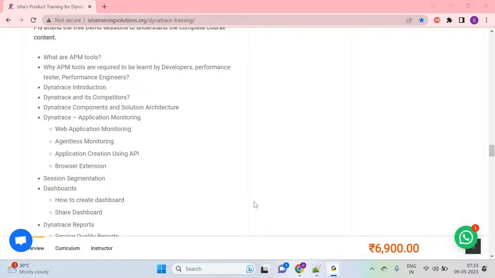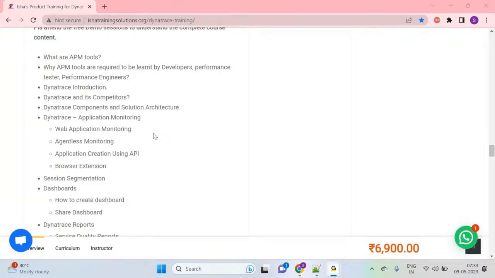We'll quickly see the course content. I hope in this forum you guys are already aware of the importance of learning this APM tool. I'll also add value to that.